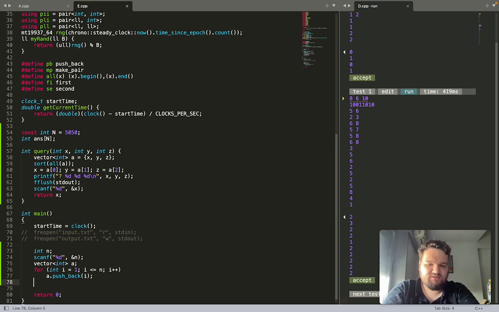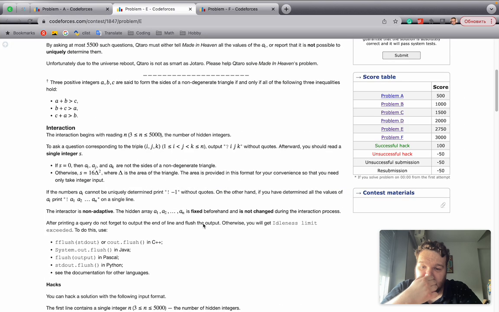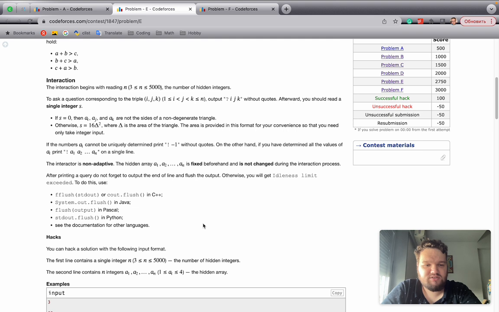So if n is small, I should just run solve small. Okay, so thankfully there is no multitest.